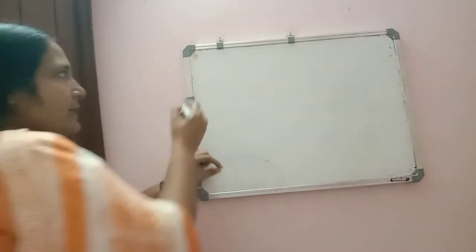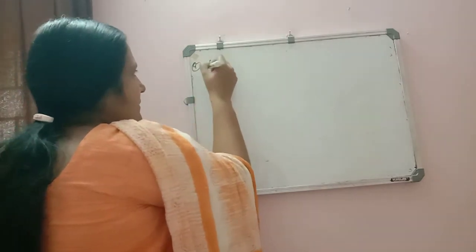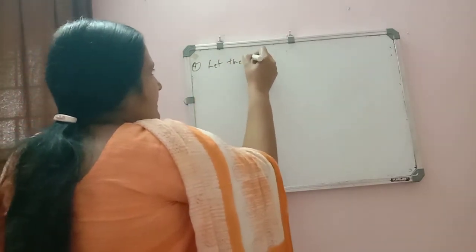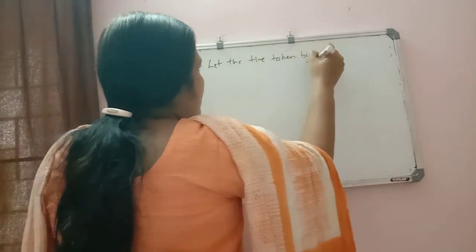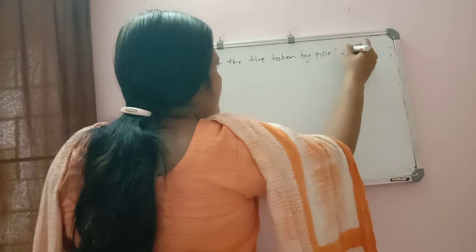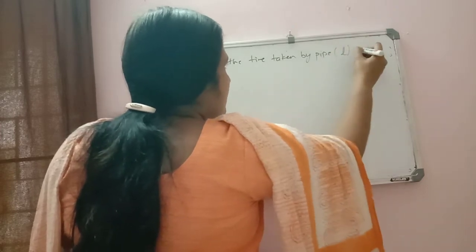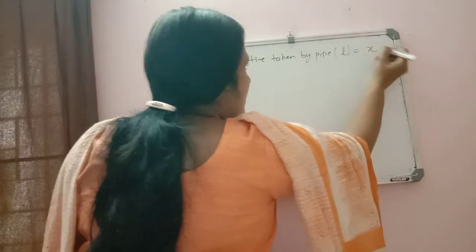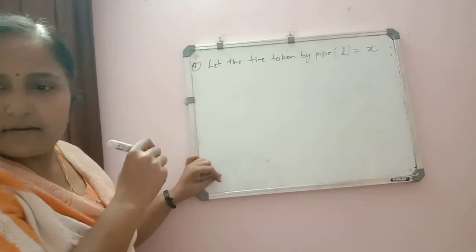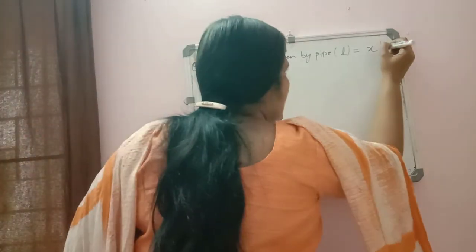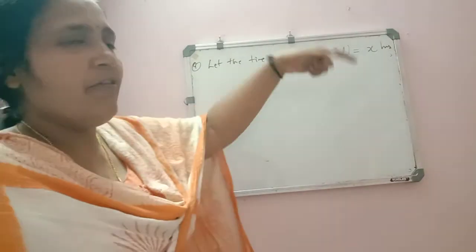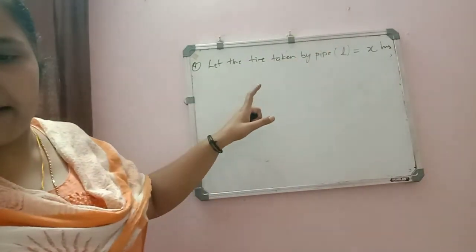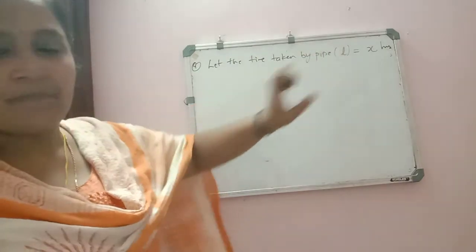So we will write: let the time taken by the pipe of larger diameter, which I am naming pipe L, be equal to x hours.